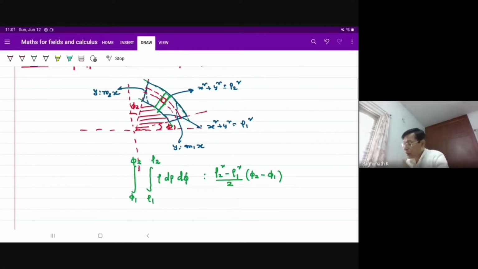When I go right in the limits, it should be from lower value to higher value only. This is in radians, square units.